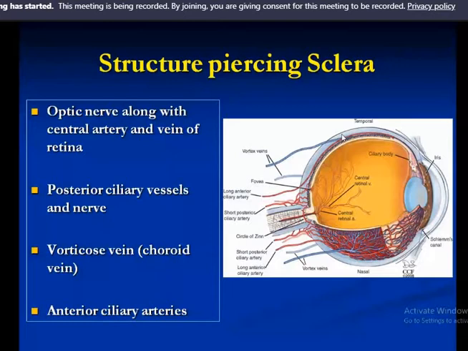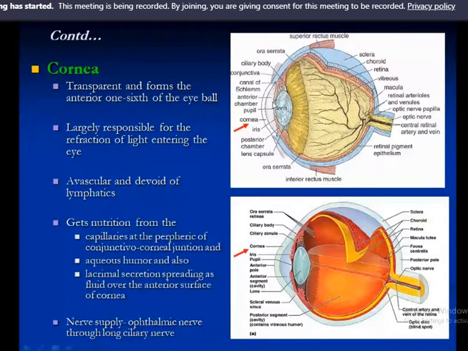The next one is known as the cornea. The cornea is the transparent one, the sclera is the opaque one. The cornea occupies 1/6 of the eyeball. Now, what is the main function of the cornea? It is mainly responsible for the refraction of the light that will enter into the eyeball.